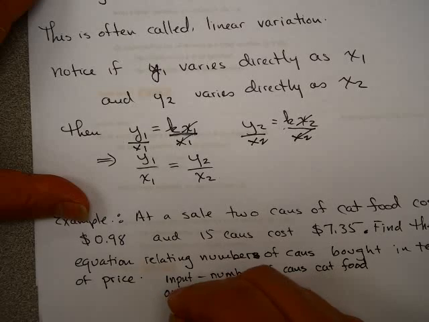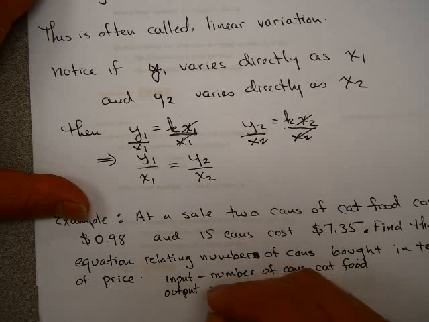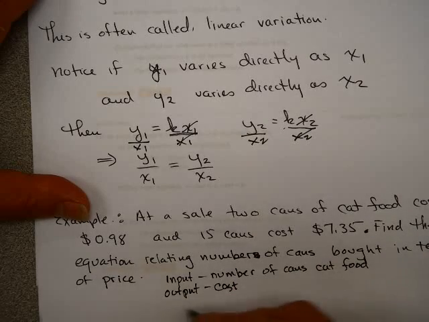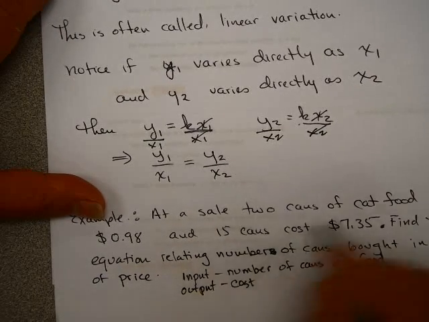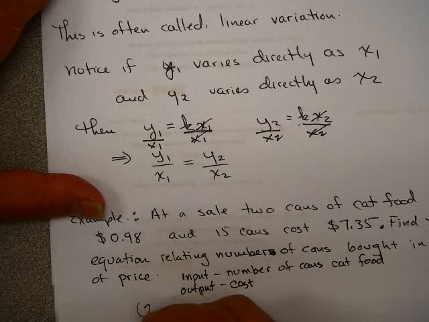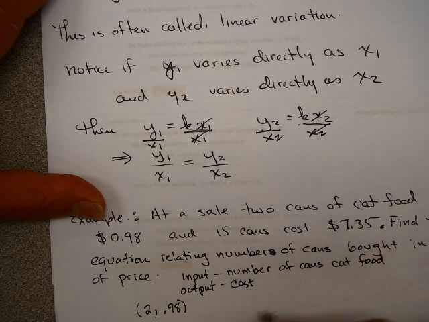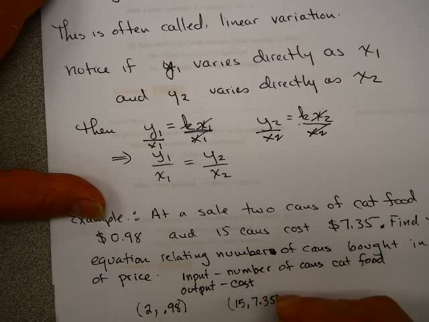And my output, I'm going to have the cost for that number of cans of cat food bought. So what we have here is a point where 2 cans bought is 98 cents and 15 cans bought is $7.35.